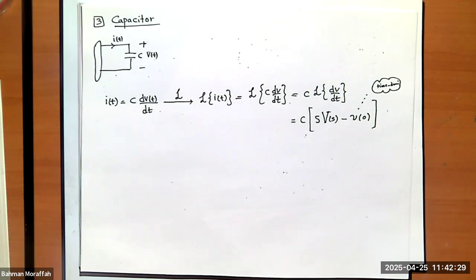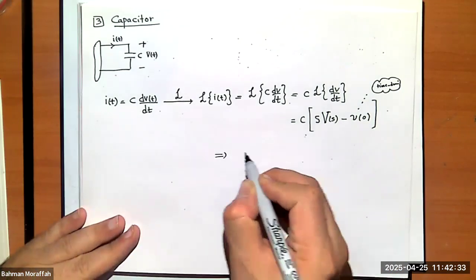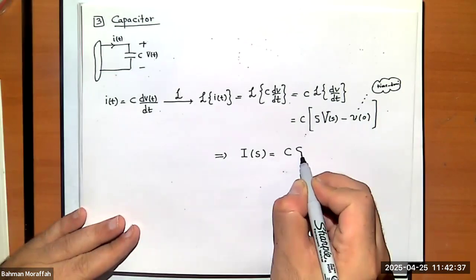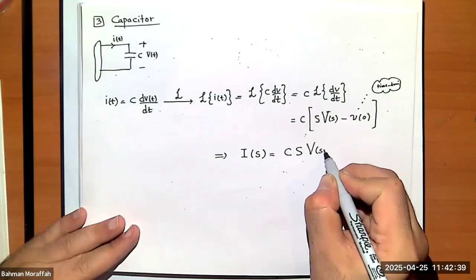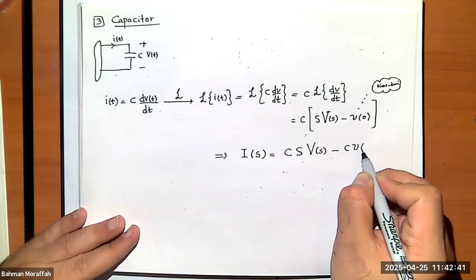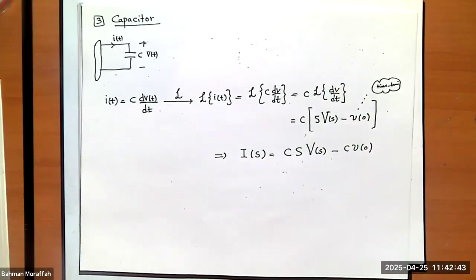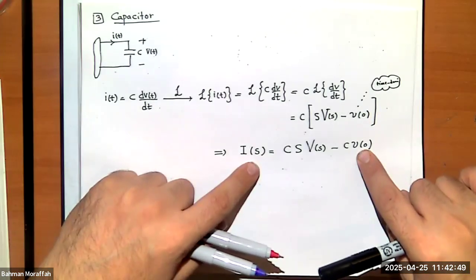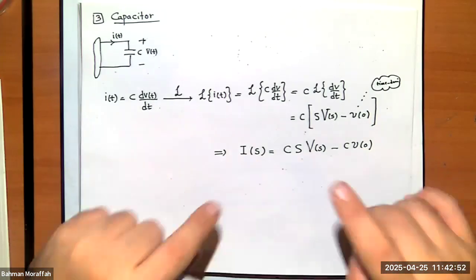Right? What does this tell me? This tells me I(s) equals C s V(s) minus C v evaluated at 0. Right? I can find the VI relationship. I just need to take this term to this side and divide everything by Cs.